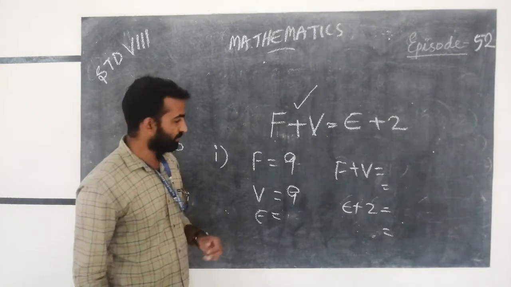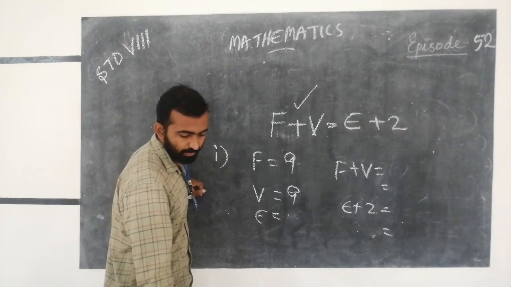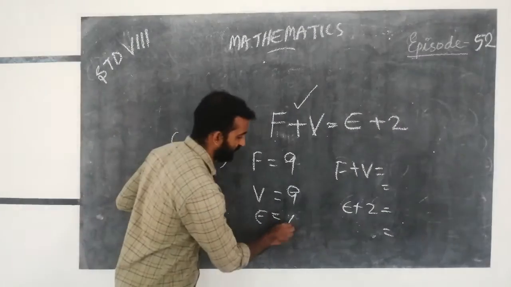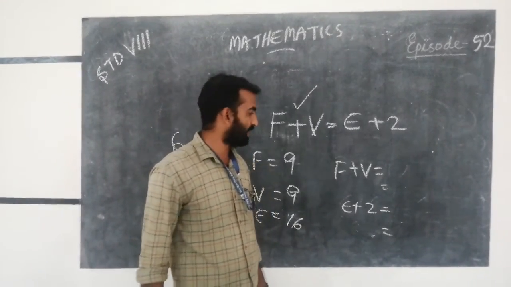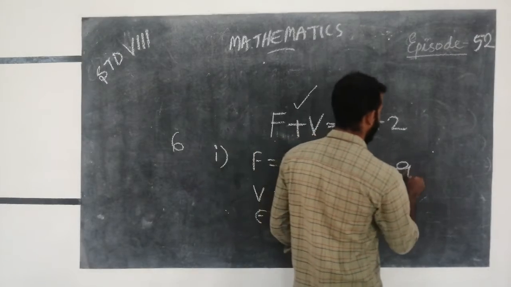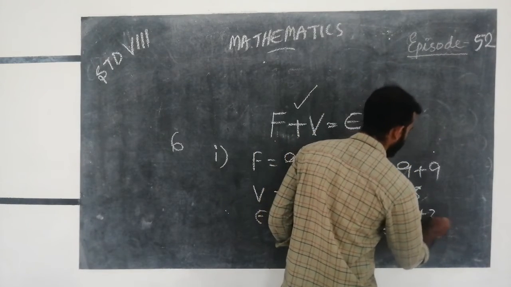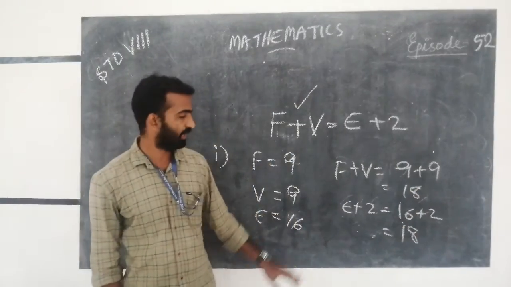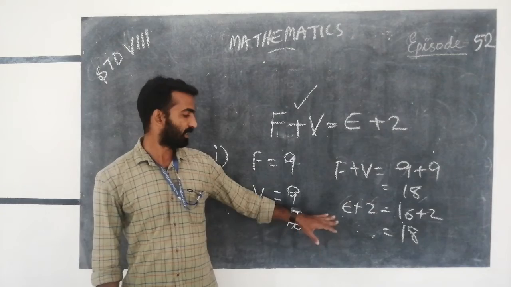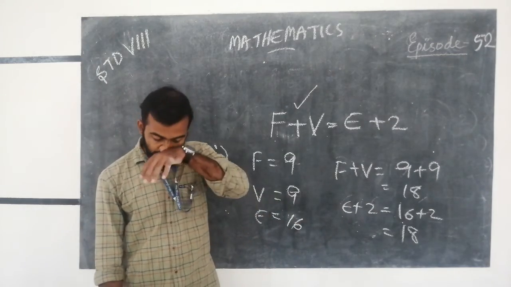And edges are 16. That is F plus V equals 9 plus 9, we get 18. E plus 2 equals 16 plus 2, we get 18. We get 18 as the answer.